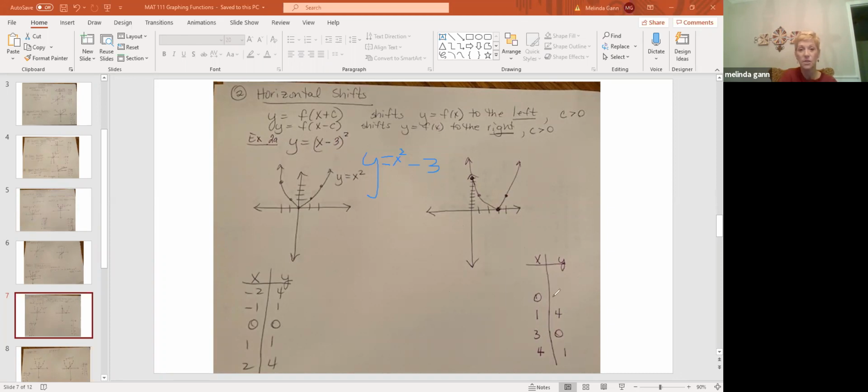All right? So when I put a 0 in there, 0 minus 3 is going to give me what? A negative 3. But what happens when you square a negative 3? When you square a negative 3, you're going to get a 9. All right, what would happen if I stuck a 1 in there? Well, 1 minus 3 is going to be a negative 2, and so when I square that, I'm going to get a 4.